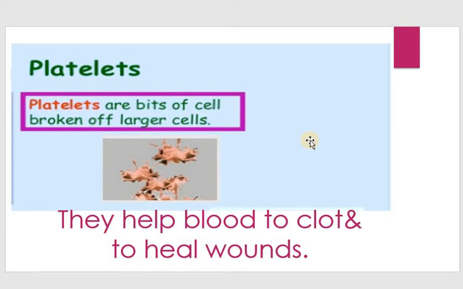They help blood to clot and to heal wounds. Whenever you have a cut and there is bleeding, the blood will be clotted, or you can say it turns into solid. Blood will be solidified just because of platelets.